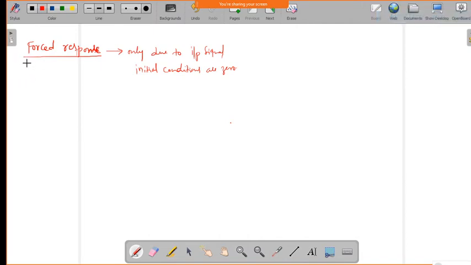Take the same equation given yesterday for finding the natural response: y of n minus 5 by 6 into y of n minus 1 plus 1 by 6 into y of n minus 2 equals x of n.